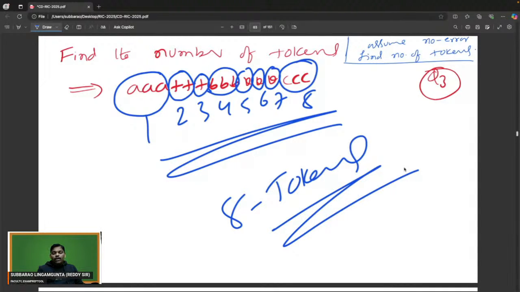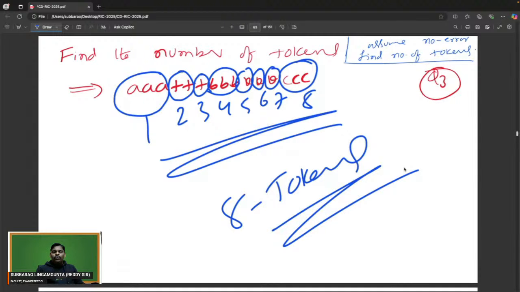If anyone has some doubt, please let me know, I will help you. Find the number of tokens.